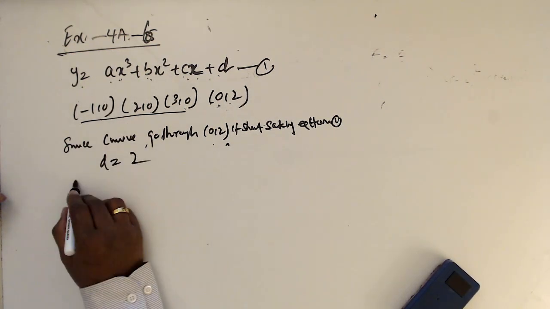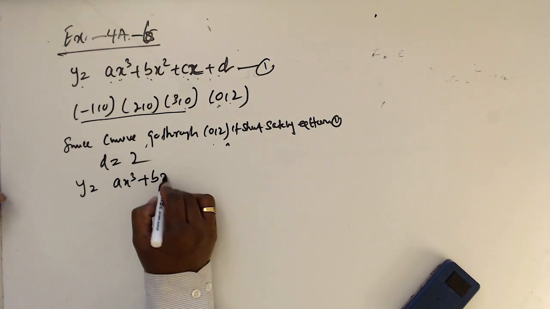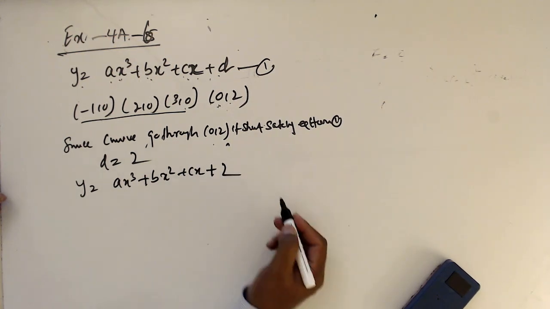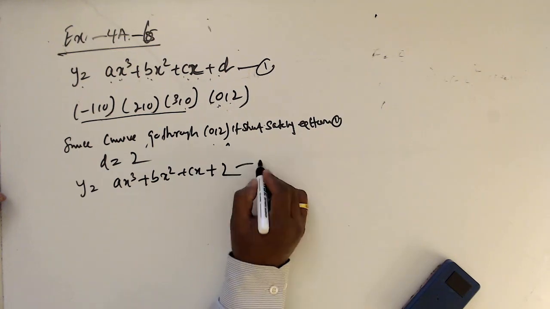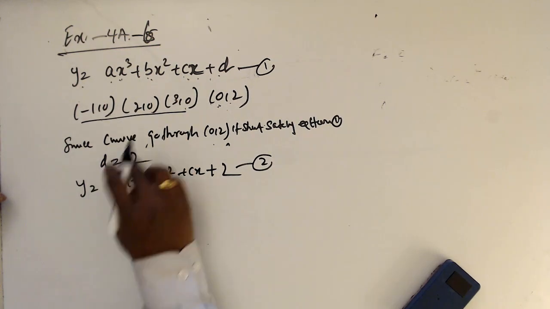Now I'll rewrite this equation. y equals ax cube plus bx square plus cx plus 2 now, not d. Now this is the second equation. Now you can substitute these three.